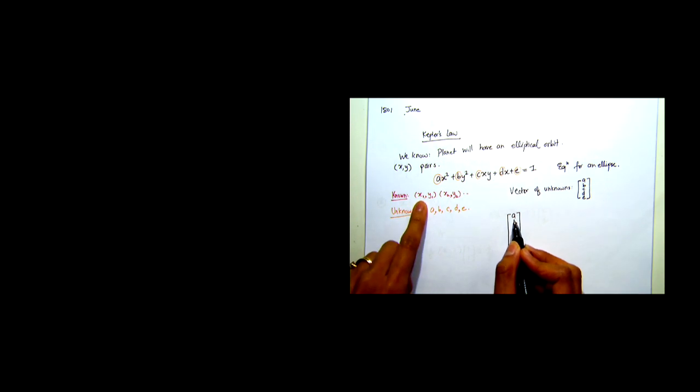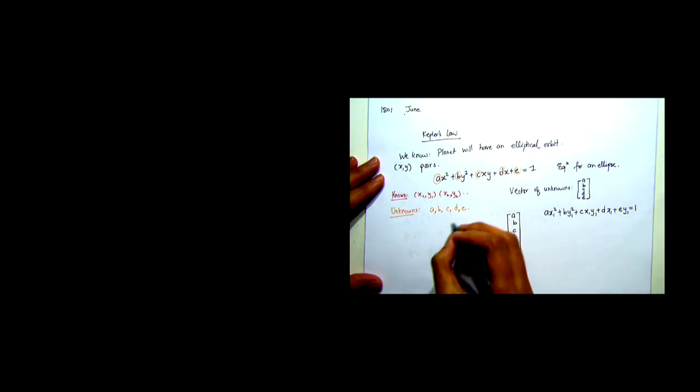So let's say I have this data point x1, y1, and I plug it in, that gives me the equation ax1 squared plus by1 squared plus cx1y1 plus dx1 plus ey1 equal to 1. And remember here, x1, y1 are all known. So now I can write this here. If I want to do this, I can say x1 squared, y1 squared, x1y1, x1, y1. My first data point makes up the first row of a matrix here.